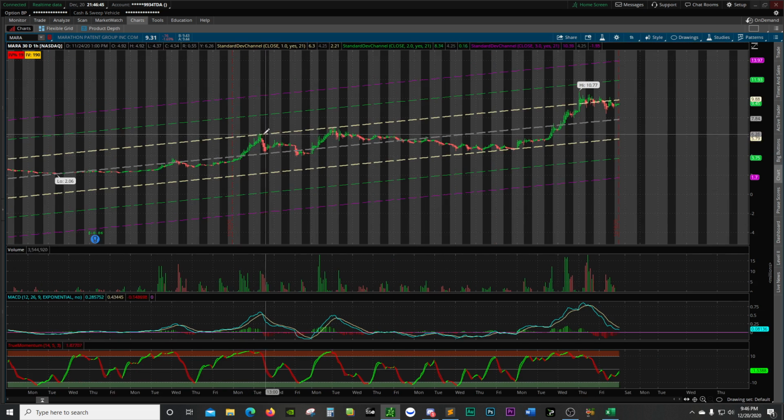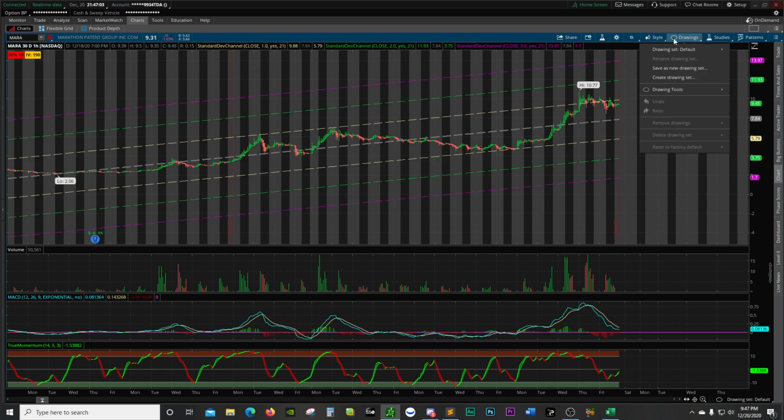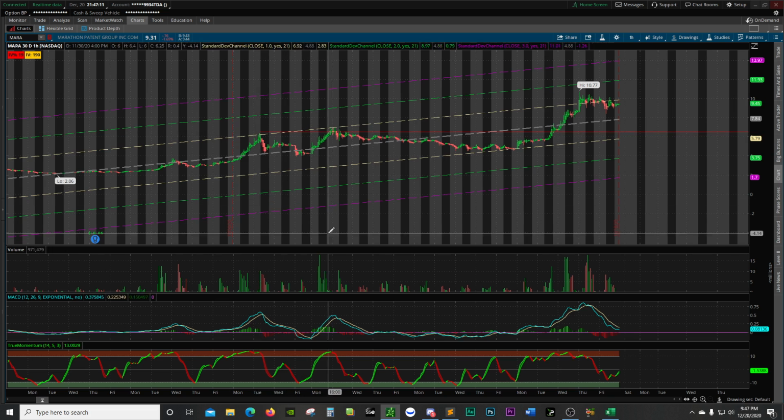I would say somewhere in between these two points, maybe about right there. It would help if I had the right drawing tool. That might be a good support area.